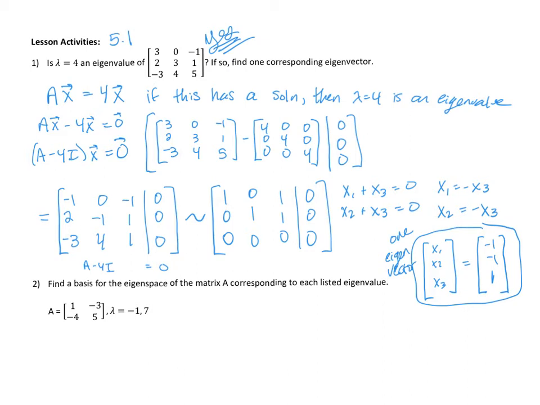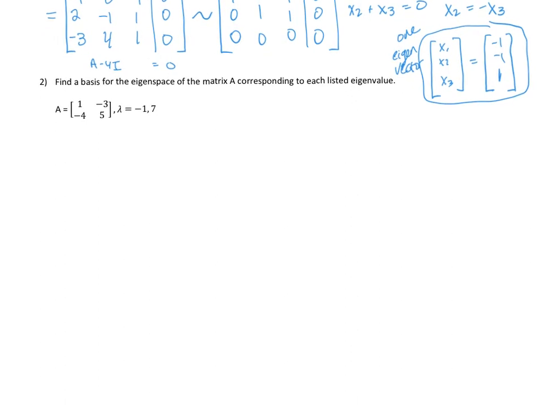Okay, question 2 says find a basis for the eigenspace of the matrix A corresponding to each listed eigenvalue. So this is really two problems in one here. So I'm going to cut the page in half, and I'm going to do this twice. So I'm going to start with lambda equals 7.